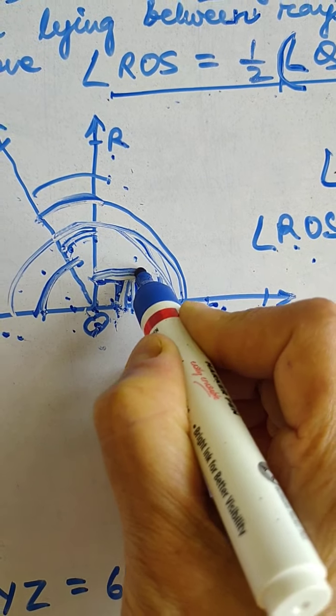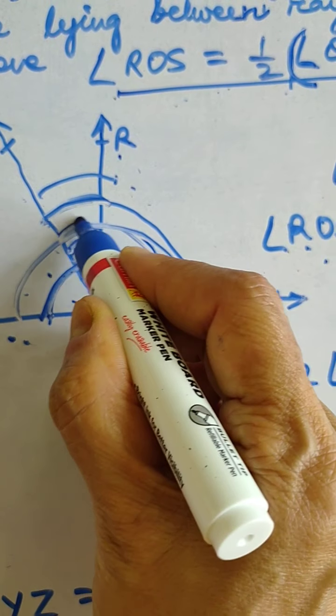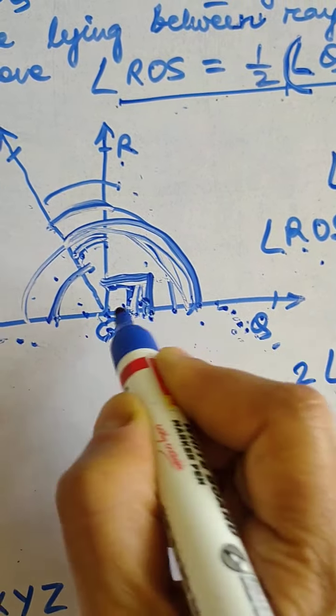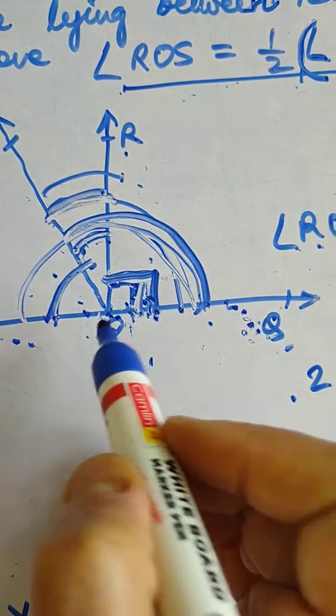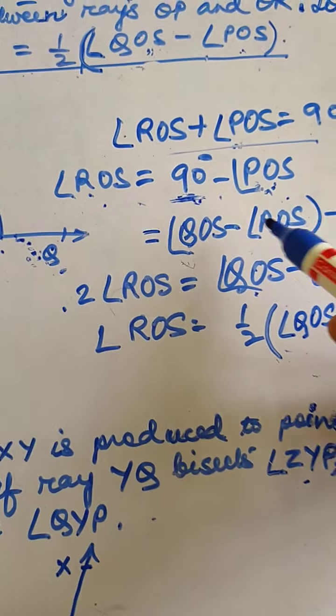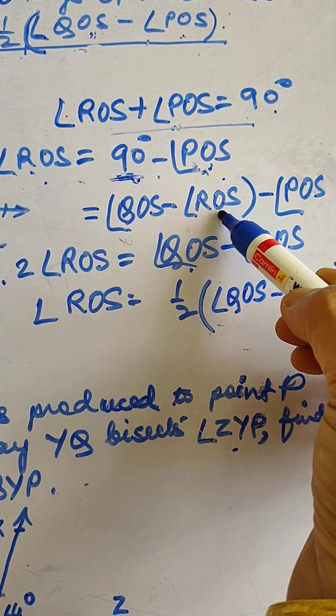This is your 90 degree. So this angle we will write as this big angle QOS minus the part of it, ROS. So we are getting 90 degree, so 90 degree we are replacing with QOS minus ROS.